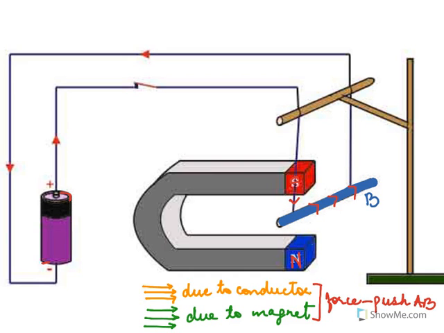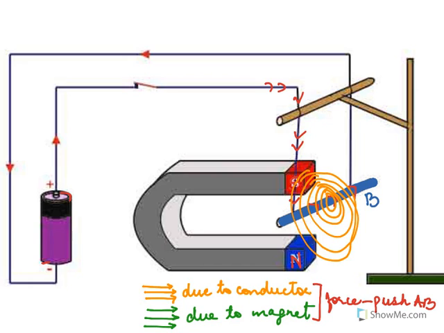Now to learn the factors on which this force depends, one factor you will definitely agree: if the current in the circuit is increased, then this magnetic field will also increase. The magnetic field will be very dense. And because the magnetic field will be dense, the force between the two magnetic fields will also increase.